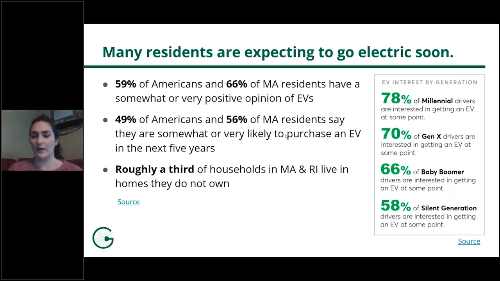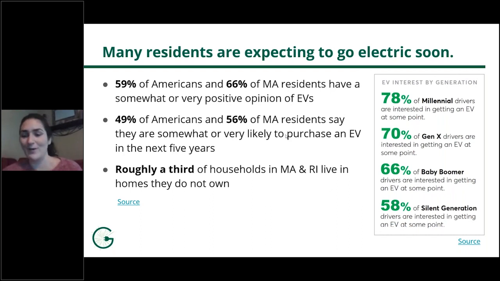On the right-hand side, you'll see we have some information from a Consumer Reports survey that was done back in 2020. It was done to gauge the interest in people actually purchasing electric vehicles, and they did it by generation. It is actually really positive feedback, even for the silent generation, because 58% is still more than 50%.